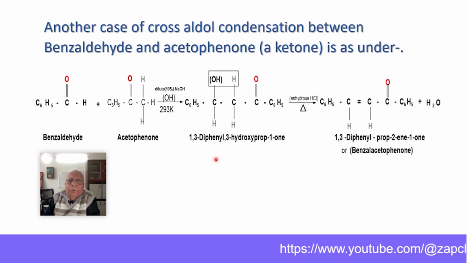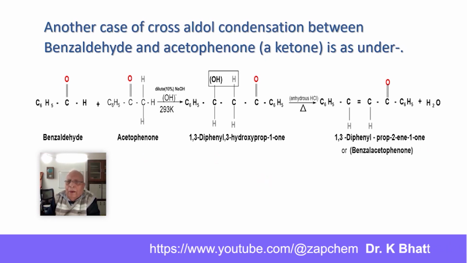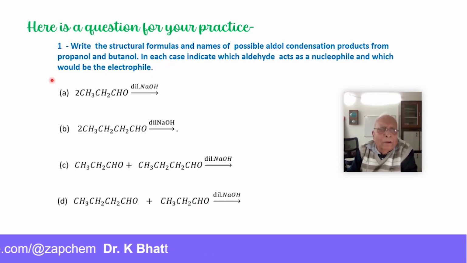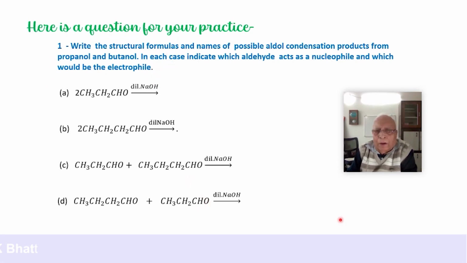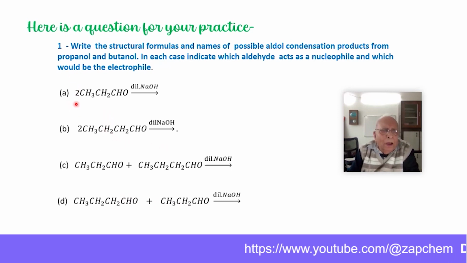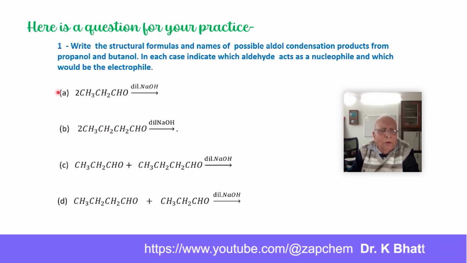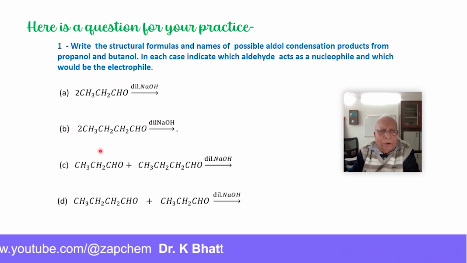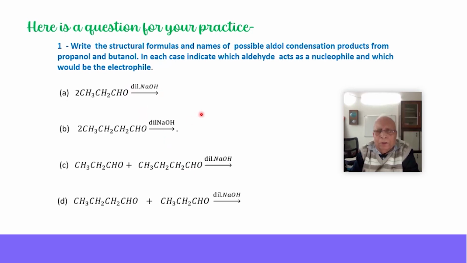Now, before we close today, it would be worthwhile to have some practice on aldol condensation. There are just 4 simple examples provided here for you to practice. A and B would be simple condensation products, not cross aldol condensation. Two molecules of propanol and two molecules of butanol in presence of dilute NaOH, what would be the product?